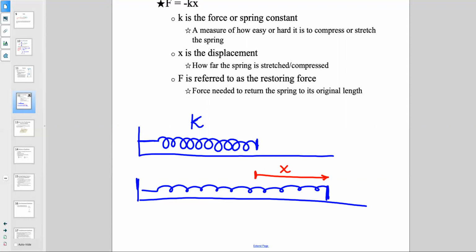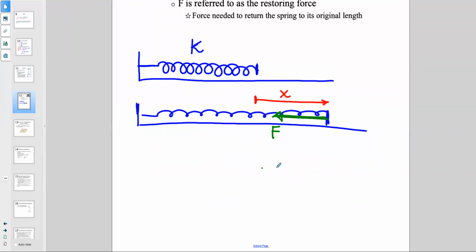That means now there is a force stored in the spring, and it is in the opposite direction of the stretch all the time. So that is the F that we're talking about. And this F is negative kx, okay? x is the displacement that you can see here.